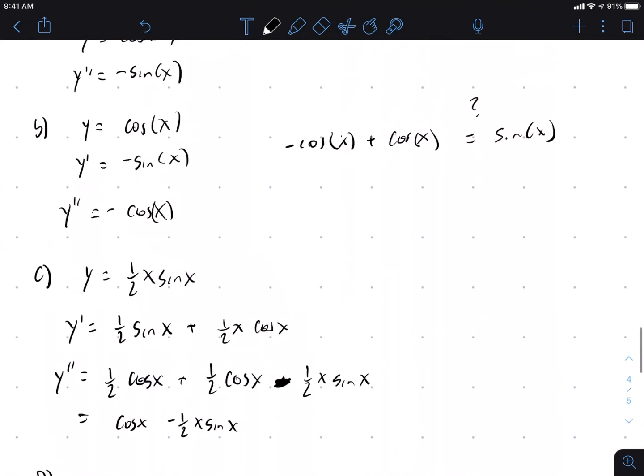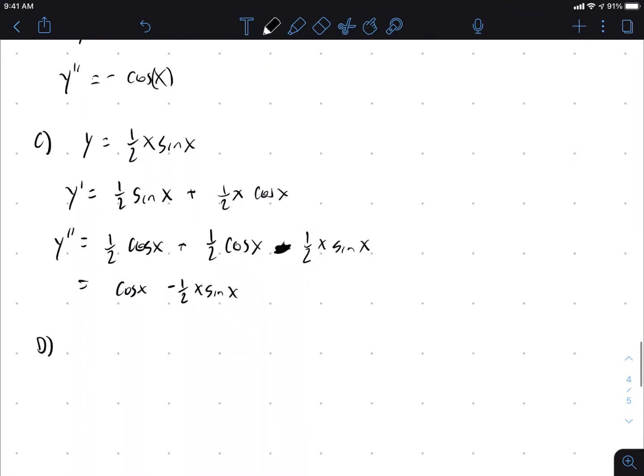And then D was y is equal to a negative 1/2 x cosine of x. The first derivative is going to be negative 1/2 cosine of x plus 1/2 x sine of x. Agreed? Agreed.